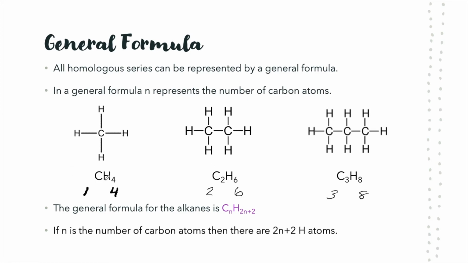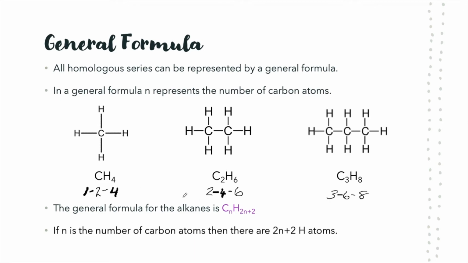So to go from 1 to 4, we multiply by 2 to get to 2, and then we add 2 to get to 4. 2 times 2 is 4, add 2 is 6, 3 times 2 is 6, add 2 is 8.